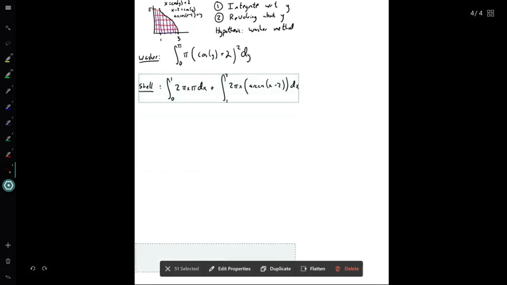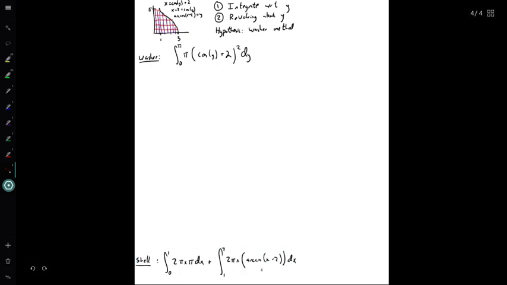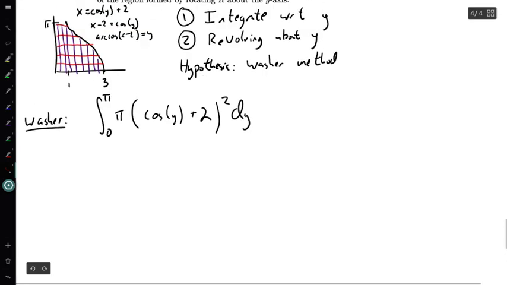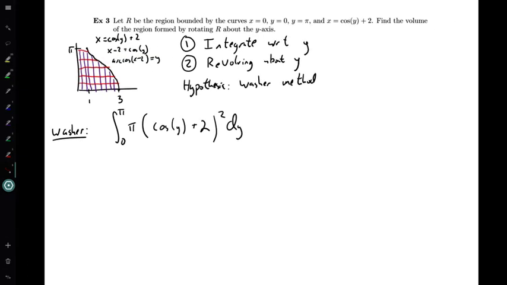Great, so you go to the bottom of the page. All right, revisiting the washer method. Let's see what we can do. So maybe we want to expand out this term here in the middle, this cosine of y plus 2 squared. So we can factor the pi out of the integral, integrate from 0 to pi.